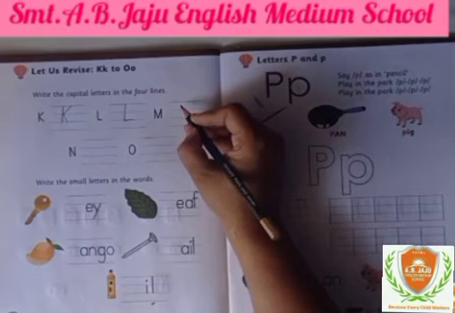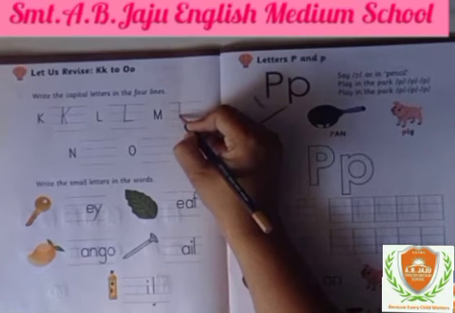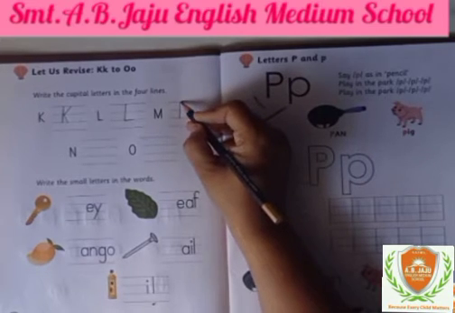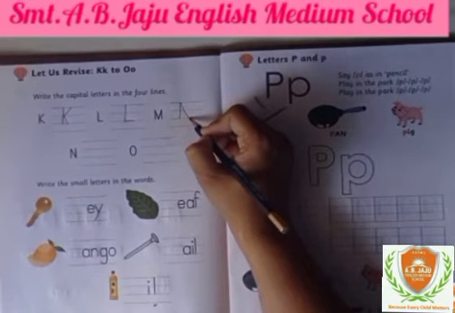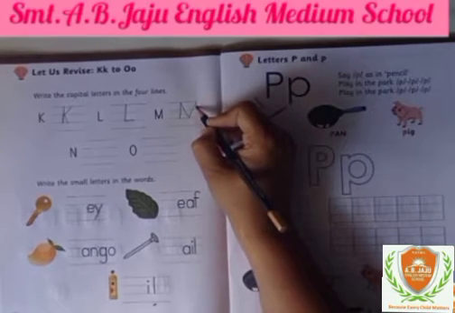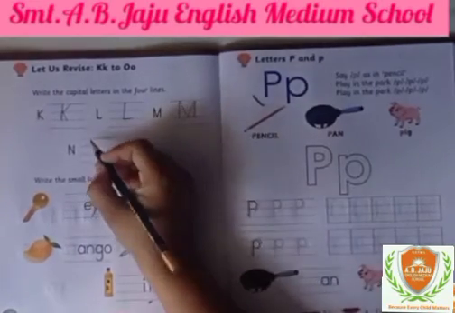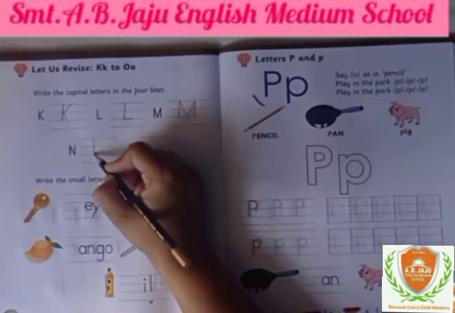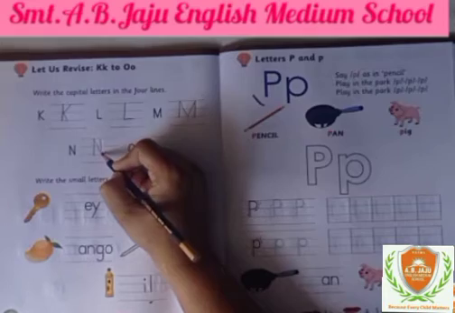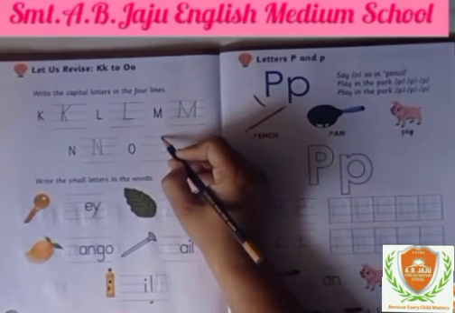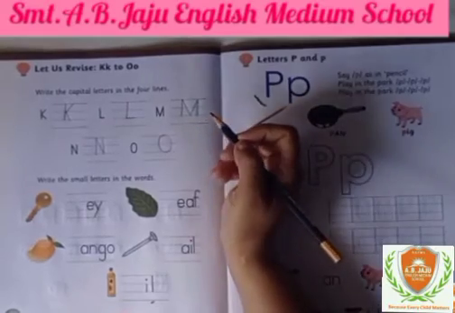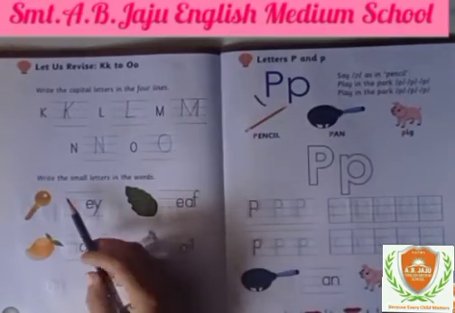So this is capital L. Now capital M, draw a standing line in three lines, then right slanting line, left slanting line, standing line, capital M. Capital N, standing line, slanting line, standing line, capital N. Now capital O. Okay, like this you have to write down.